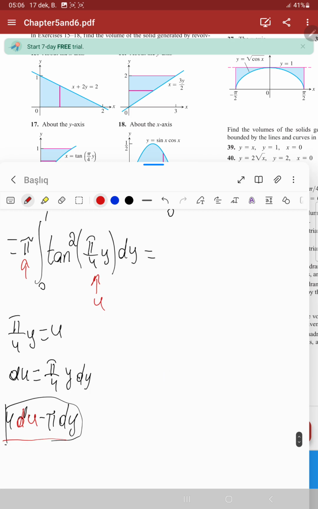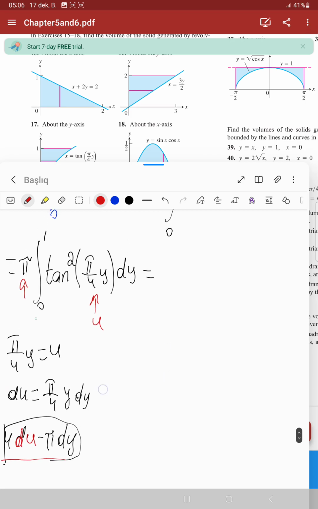When we use the substitution rule, you have to be careful about these boundaries.